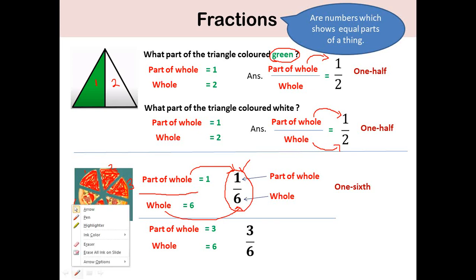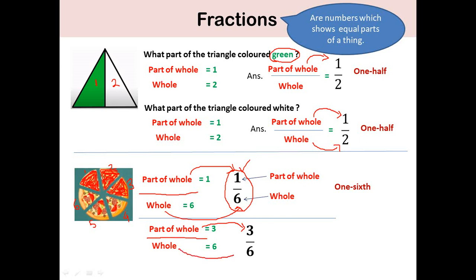Part of whole, then this line, then whole, right? So instead of part of whole, I will write 3 because here I have taken 3 pieces. Part of whole is 3 and whole is 6. So 3 by 6, right?